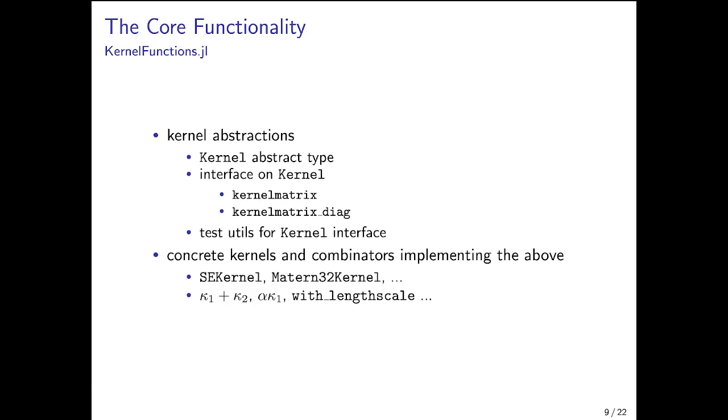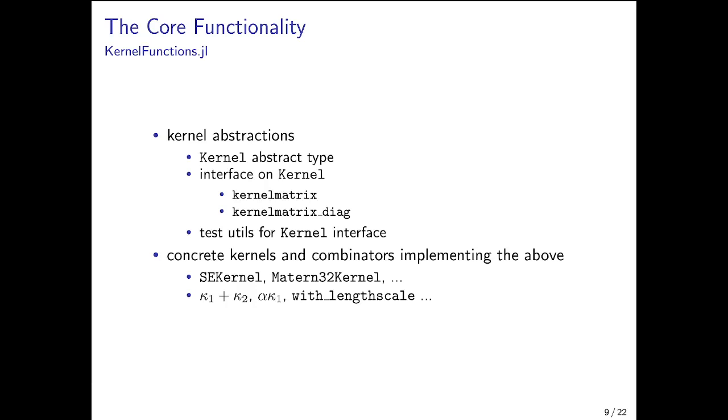Often in other packages, you'll make a squared exponential kernel, and it'll assume you want a length scale with it. We don't do that. We assume your length scale is 1, and then we say, okay, if you want a length scale, do it. And that reduces a lot of the code we have to write, and makes everything more modular and more transparent as to what's going on.